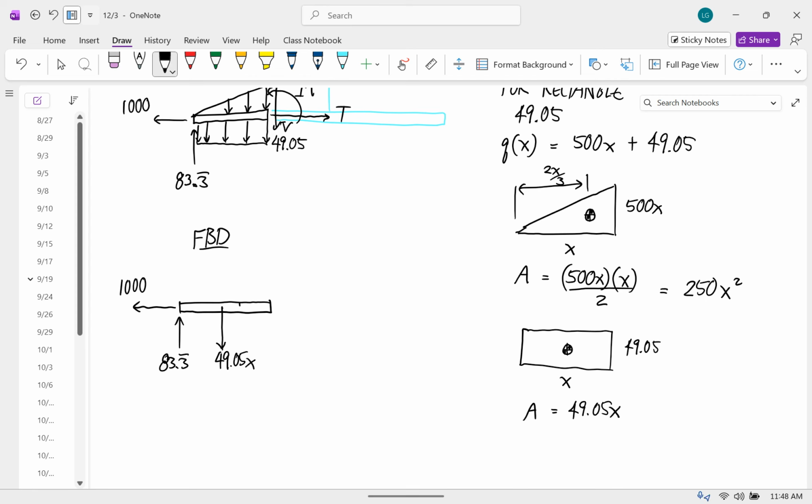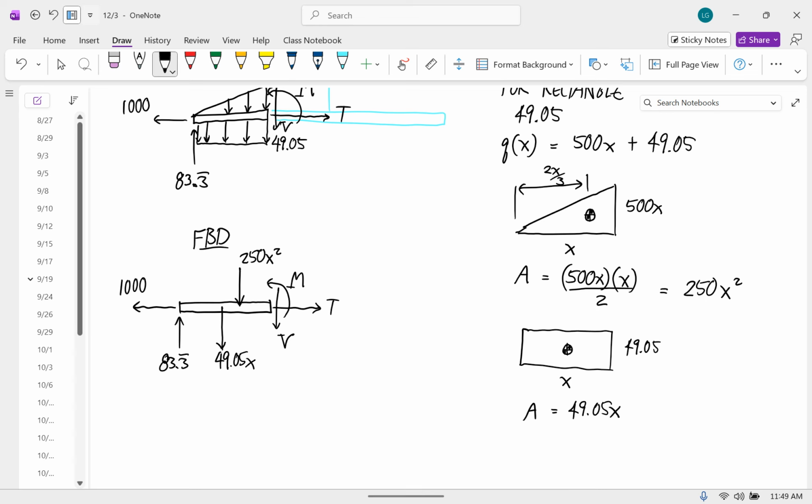And then another downward force of 250x squared. And then T, V, and M. And I guess let's do the calculation next time, and we'll do the second cut too. Any questions about that?